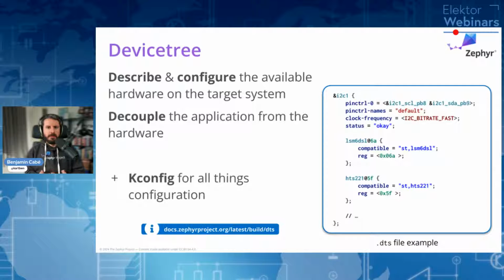So one thing that Zephyr provides is something that's inspired by and comes from Linux, called device tree, where what the hardware is capable of and how you map the hardware to software drivers and software implementations is described.